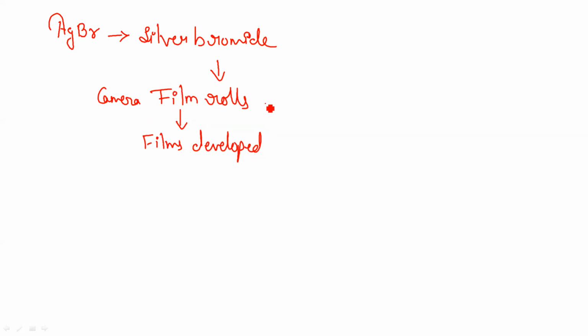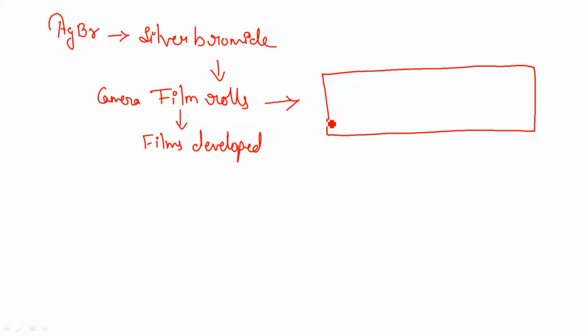So what are these rolls? These rolls were the plastic films on which silver bromide was layered. The roll was nothing other than plastic film, on which AgBr's layering was done.